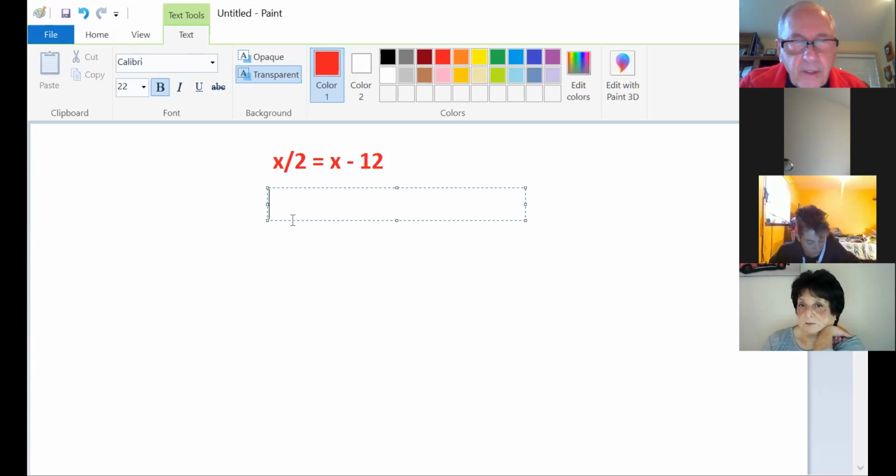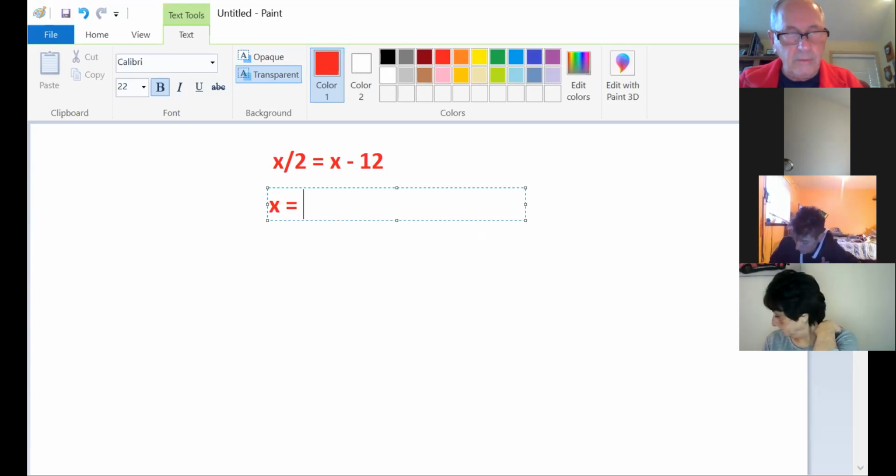So you just set it up as an equation. You put x over 2 is equal to x minus 12. Okay, and you solve for x. In this particular case, what I would do is multiply everything by 2 to make it easy. So then on the left side I've got x, on the right side I've got 2x minus 24.